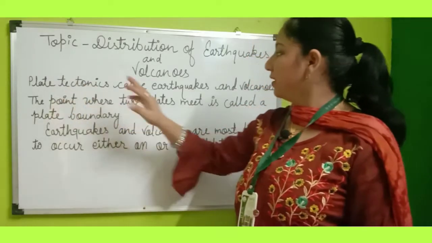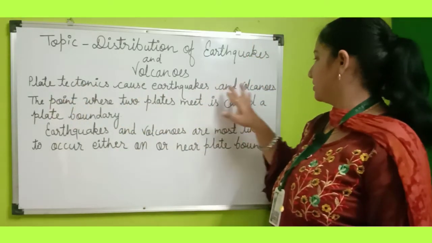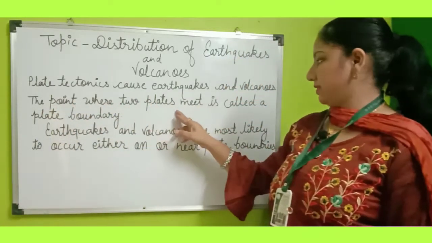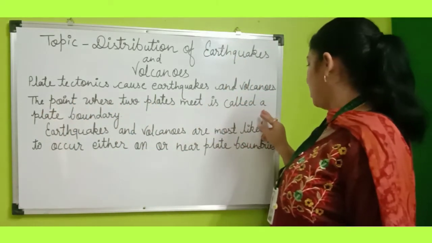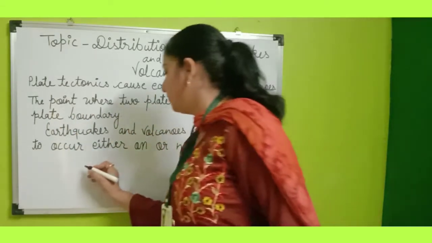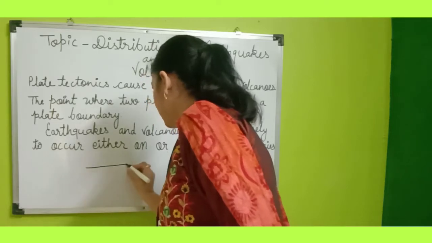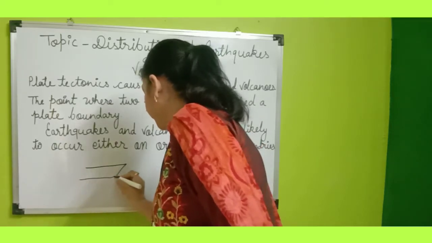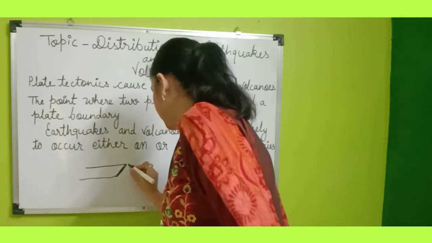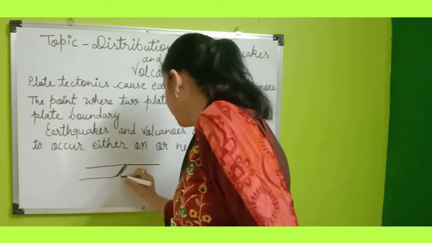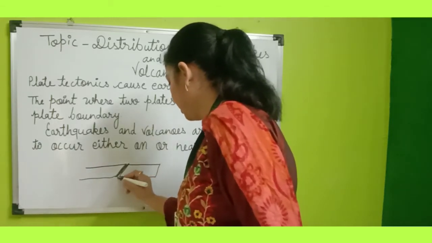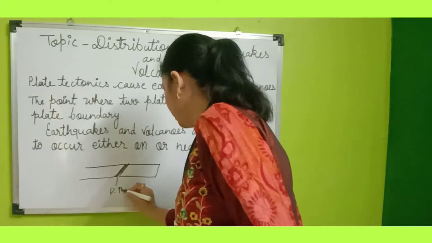Plate tectonics cause earthquakes and volcanoes. The point where two plates meet is called a plate boundary. If these are two plates, the place where the edges of the plates are meeting is known as the plate boundary. This is the plate boundary.